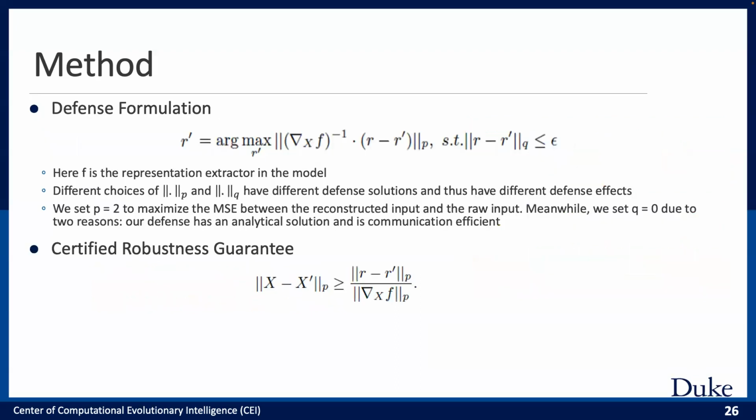So we can formulate the defense method as I show here. Here, F is the representation structure in the model, and we are basically trying to apply dissimilarity while maintaining similarity to the input. That's what we have done. We have different choices on how to measure the dissimilarity and the similarity, because this also gives us different implications.